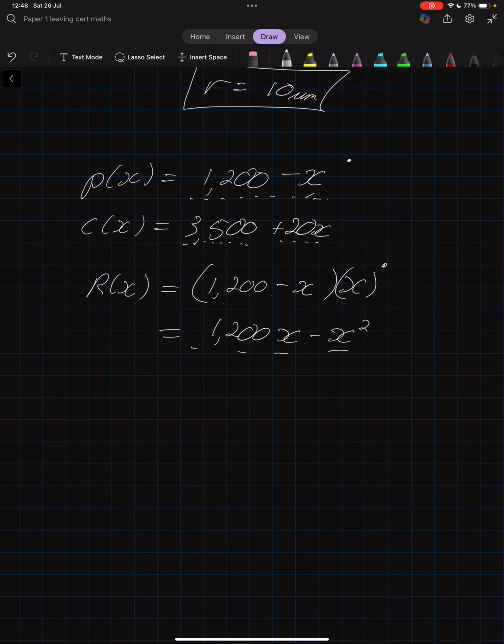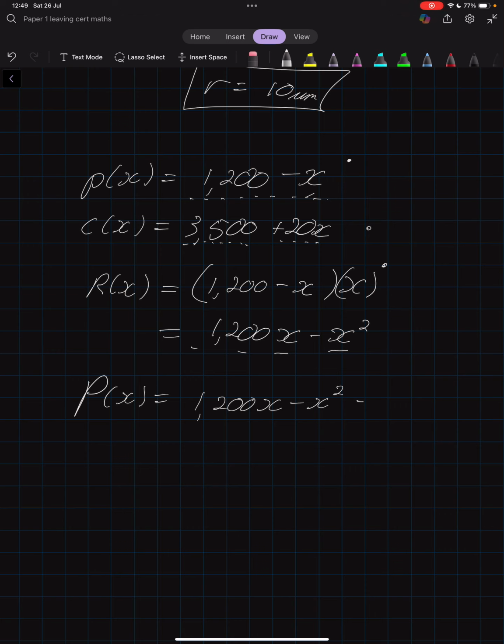So if I sell X of them, then that's how much money I actually make. Okay? And then it says figure out what the profit is. So the profit, so sorry, I might use capital P here. So that's small p. So capital P is going to be revenue minus the cost.